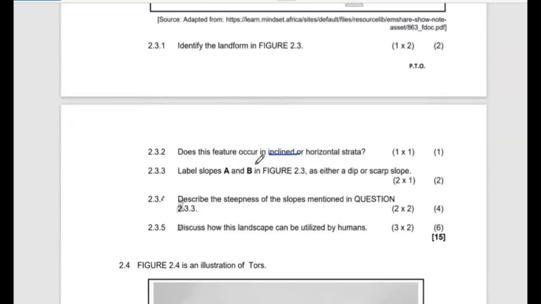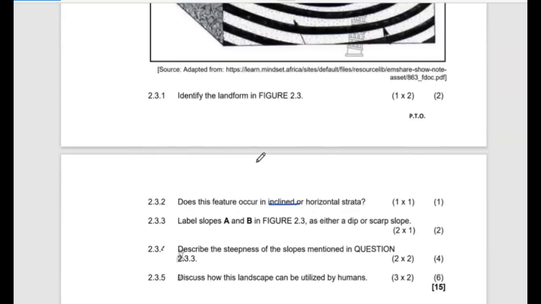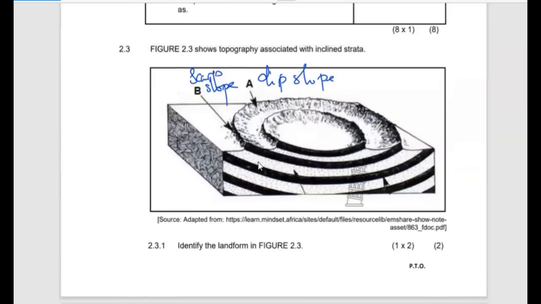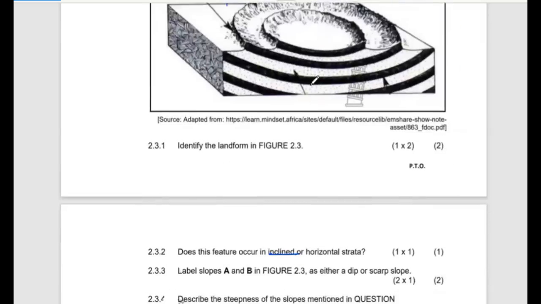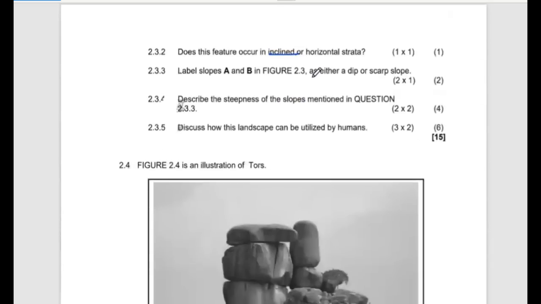Describe the steepness of the slopes mentioned in question 2.3. This one here is gently sloping. The dip slope is gently sloping. And this one is steep sloping. That's the difference in the two slopes.